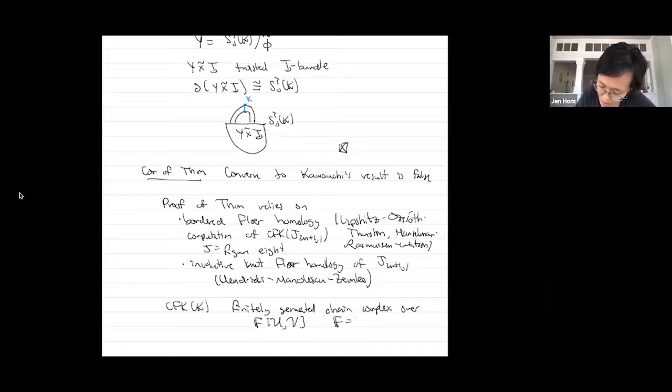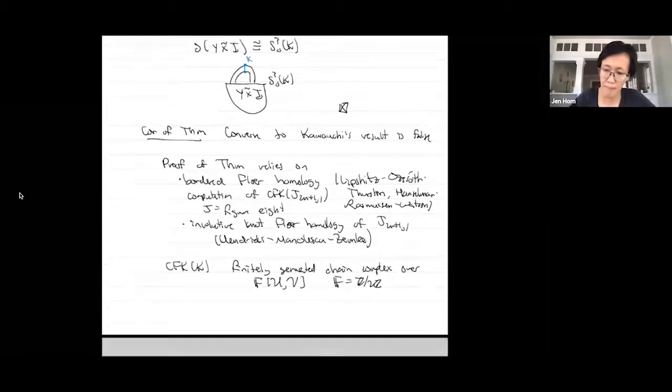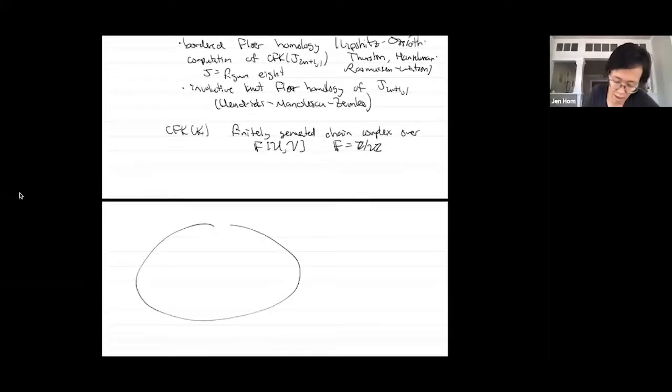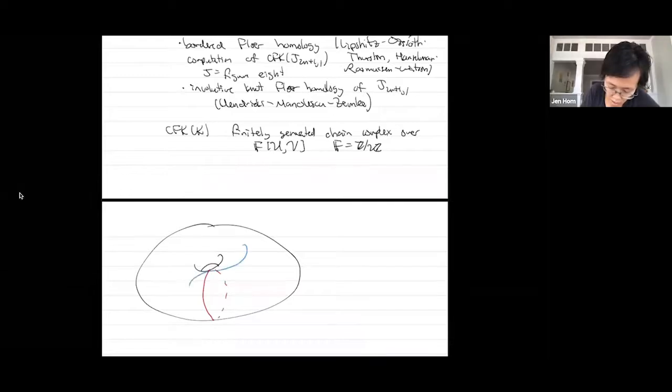F is the field of two elements. Great, and so the point is, if you have a doubly pointed Heegaard diagram for your knot, you should think about U as counting how many times you cross the base point W, and V is how many times you cross the base point Z. So maybe we have W here, Z here.